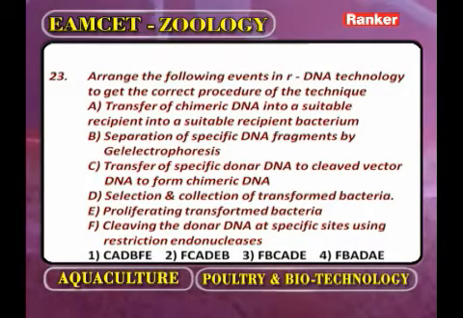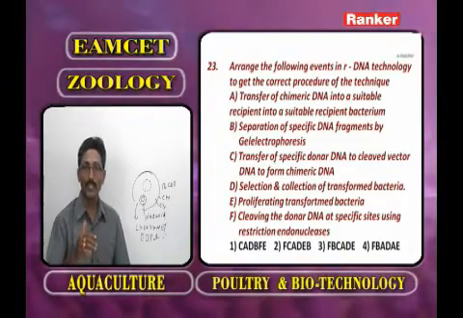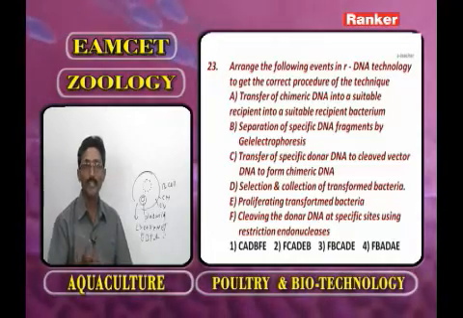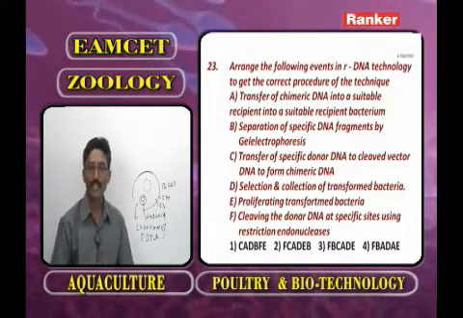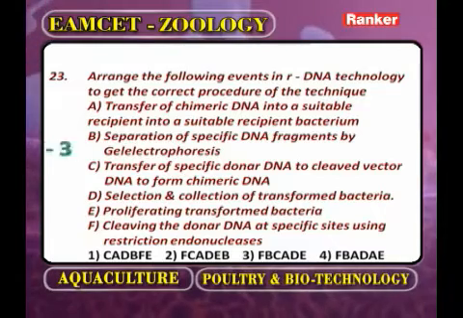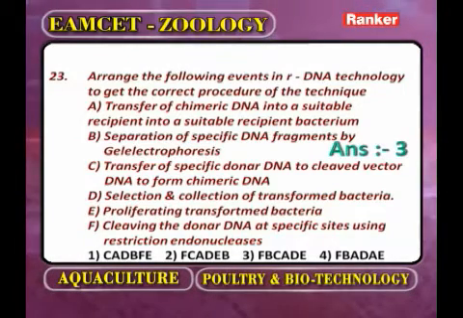The selection and collection of transferred bacteria with the help of genetic markers or colony hybridization. Then we increase its number, that is proliferating the transferred bacteria. Now you check the option, the third one. Again you have to observe the option. Now we go for the next question.